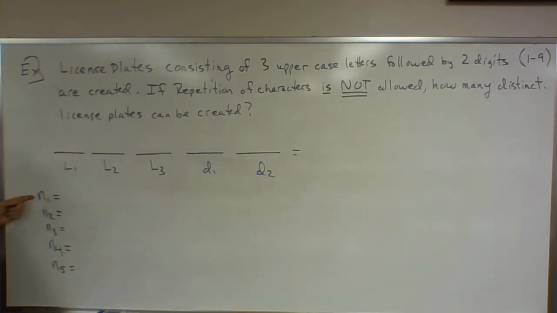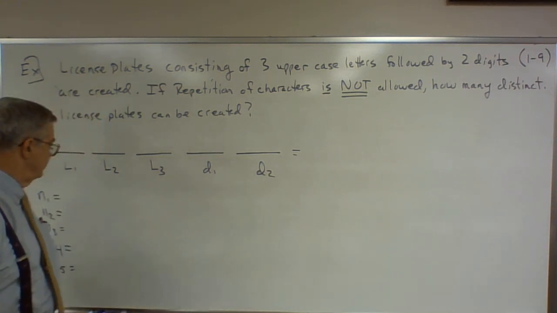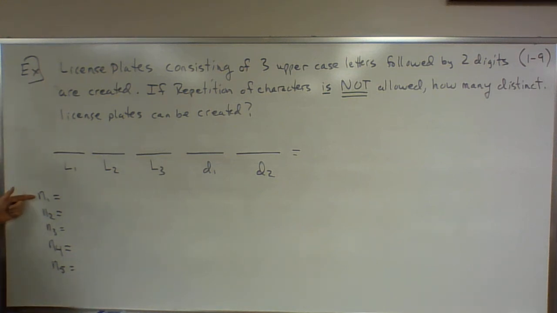This is again a 5-stage experiment. We select the first letter, we select the second letter, we select the third letter, we select the first digit, we select the second digit. N1, the number of outcomes of the first stage, we're selecting the first letter. There are 26 different letters that can be selected. We select the second letter, and since repetition is not allowed, whatever we selected for the first letter can't be selected for the second.